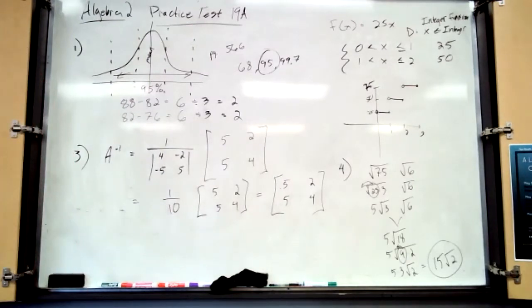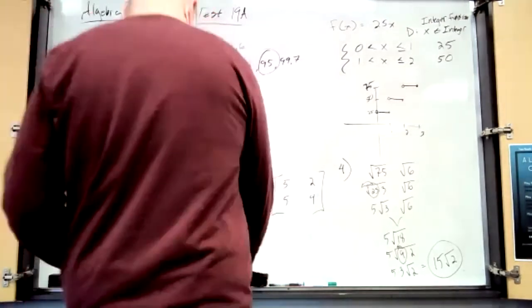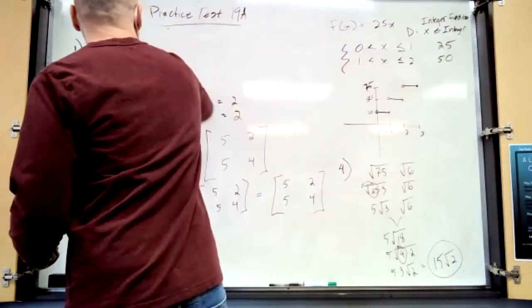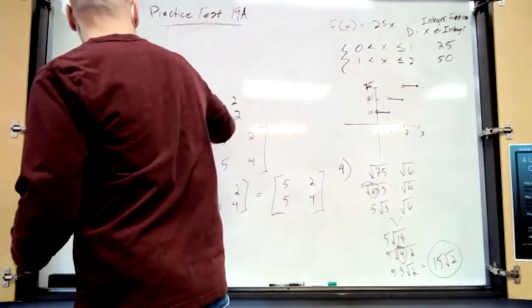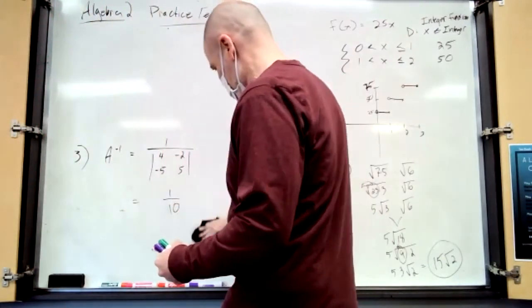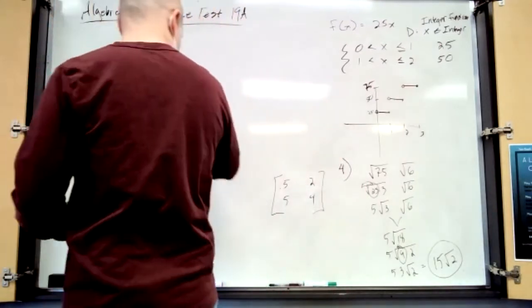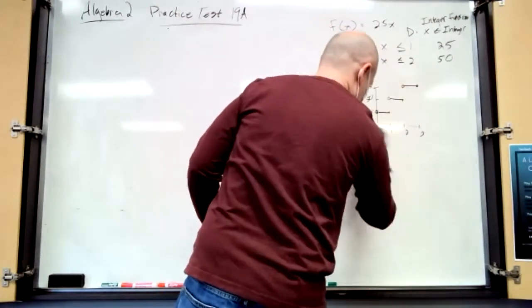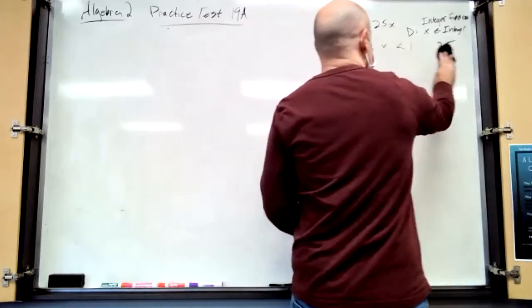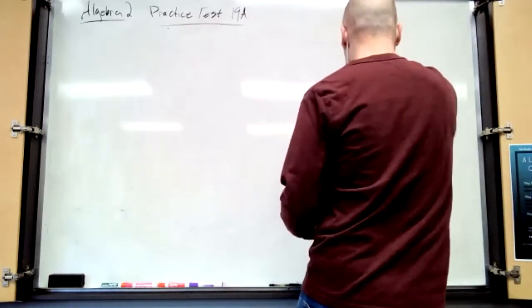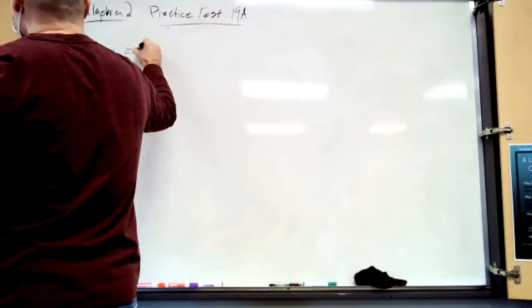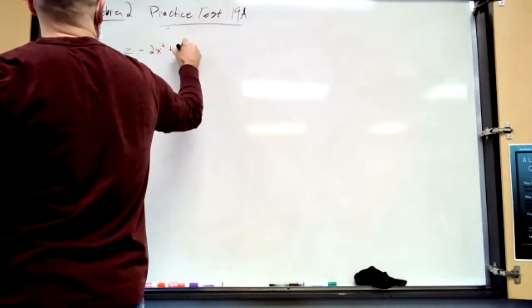All right, number 5 is a fun one. We're going to graph this. Okay, y is greater than or equal to negative 2x squared plus 2x plus 4.